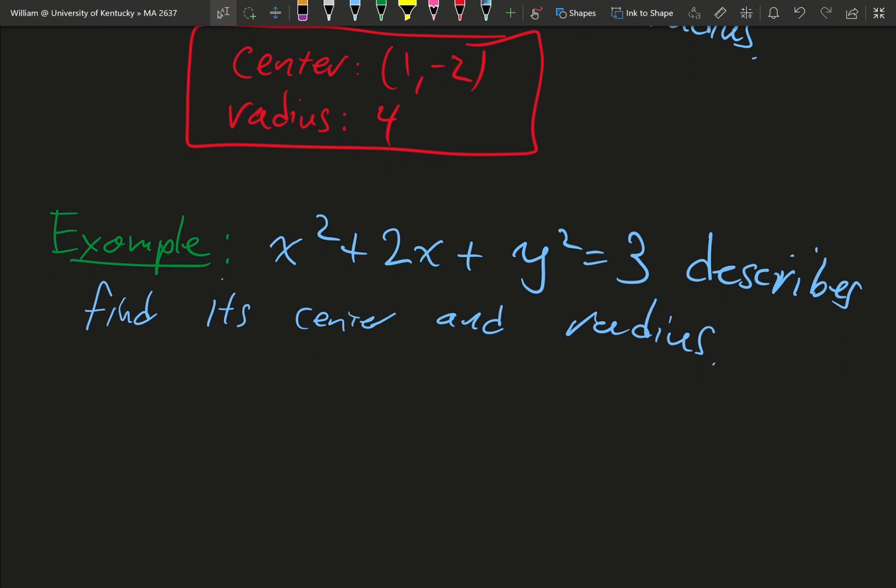So what we want to do here is complete the square. We have an x squared and we have a plus 2x. So we want to absorb this 2x into just one thing squared. So we complete the square. And remember, to figure out what you add, you take this number, divide it by 2, and square it. So 2 over 2 squared.